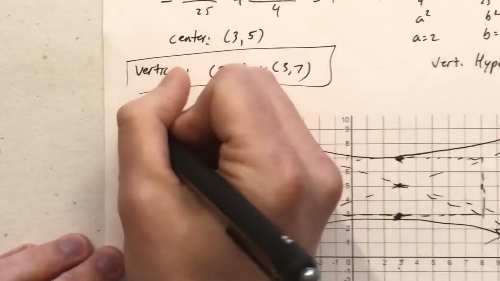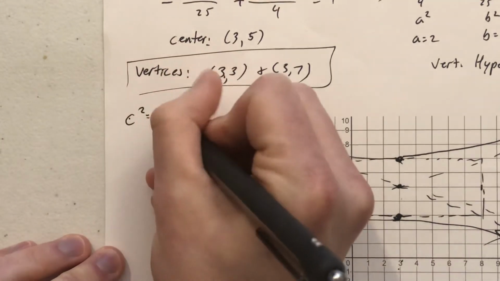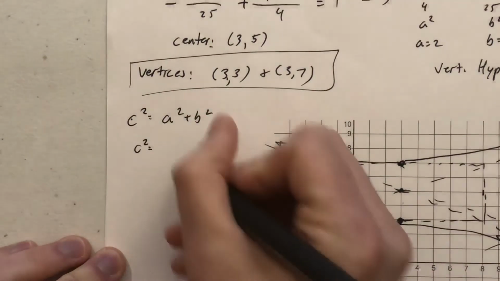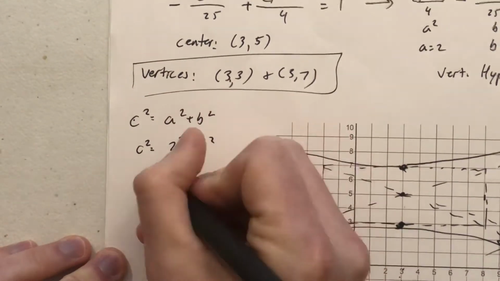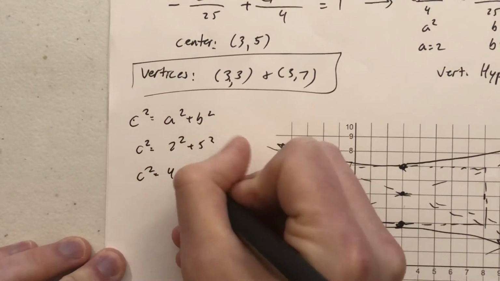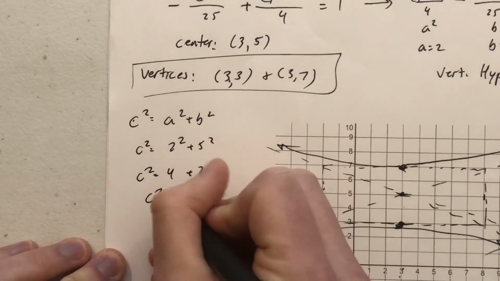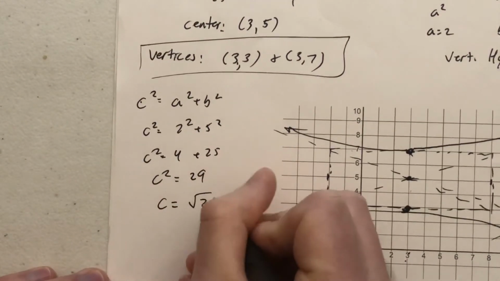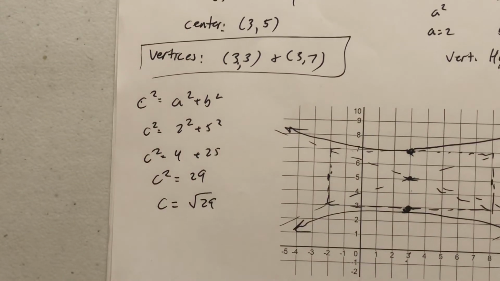And then we need the foci. So we'll get c squared equals a squared plus b squared going. 2 squared plus 5 squared. So 4 plus 25. So c squared equals 29. So c equals the square root of 29. So the square root of 29 is going to be approximately 5.4, we'll say.